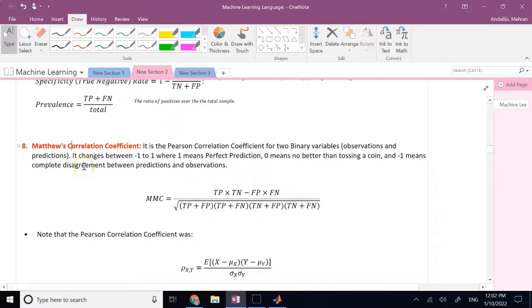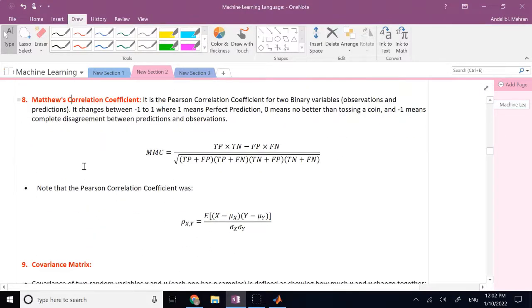One of the methods of combining is called the Matthews correlation coefficient, which, by the way, is the same as what we call the Pearson correlation coefficient, for binary variables instead of general distributions, and it was first proposed by Pearson, not really Matthews.